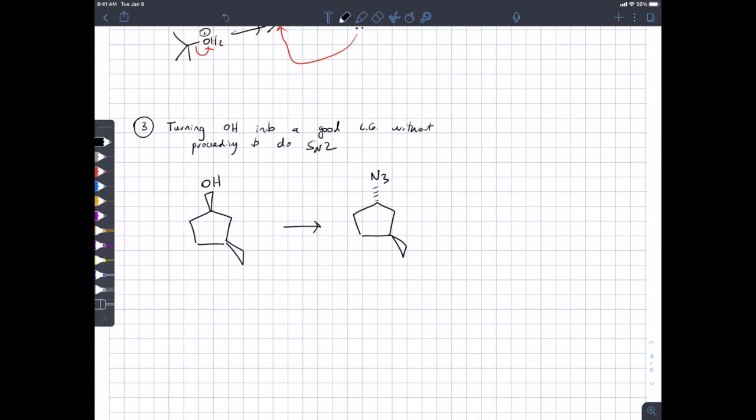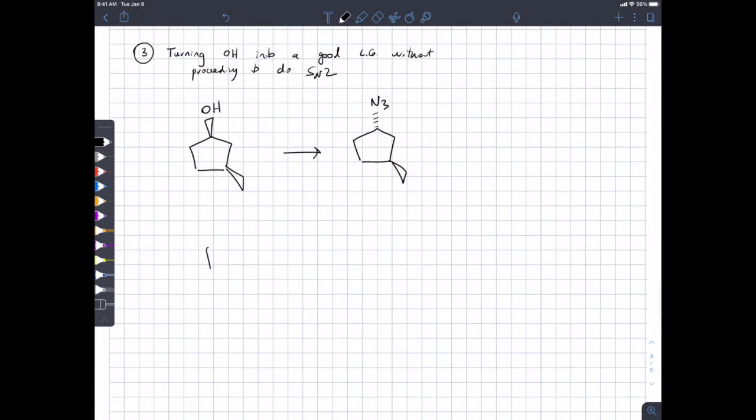So the question is, do we have something that could conceivably turn OH into a good leaving group without immediately going through SN2, generating a stable compound that we could then take on to the next step using azide? And the answer is yes, and it involves a new reagent that we're going to learn about. There's a lot of new reagents that you're learning, and it will be difficult to keep them straight.